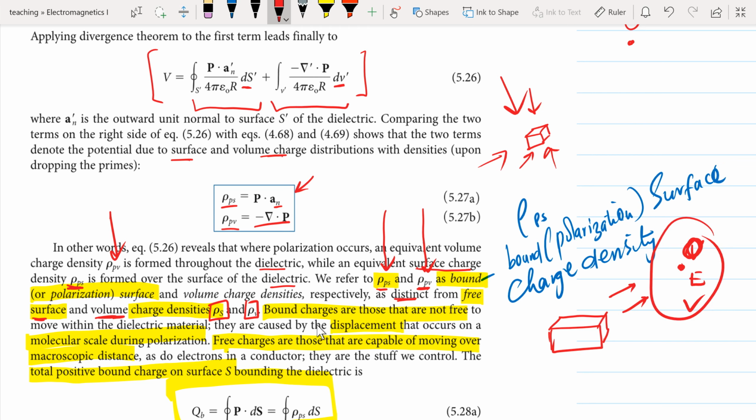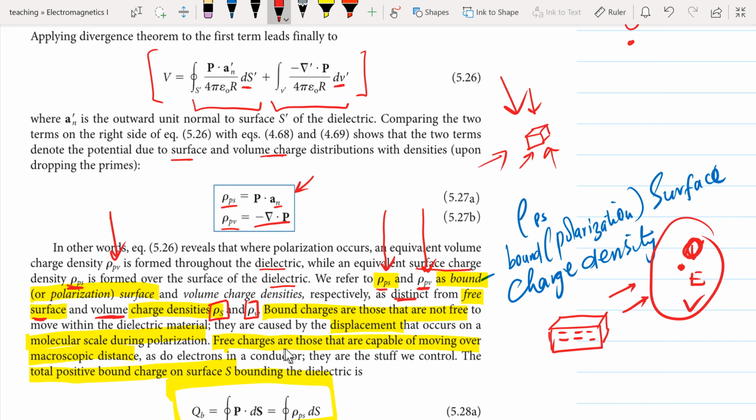For that reason, we have said that the bound charges are those that are not free. So here we have bound charges that have polarization, and that polarization is causing some potential at our point of observation.